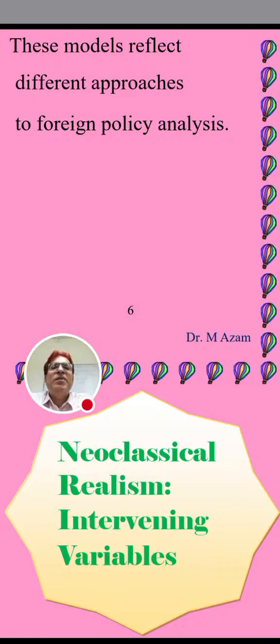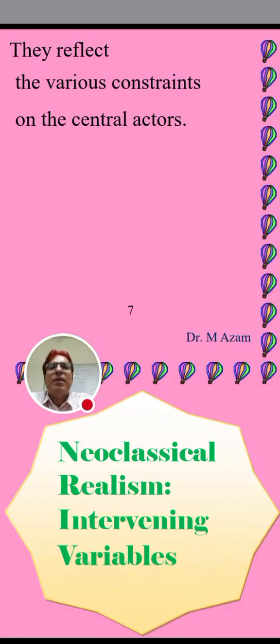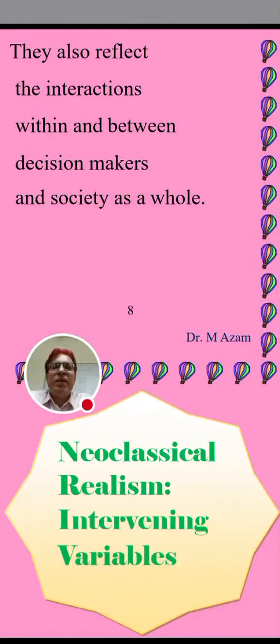They reflect the various constraints on the central actors, top leaders. They also reflect the interactions between decision makers and society as a whole, how people and their leaders interact.